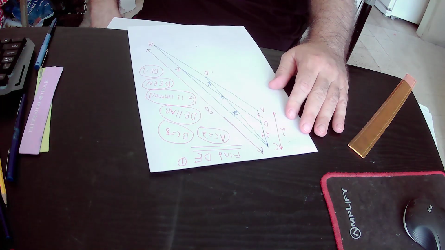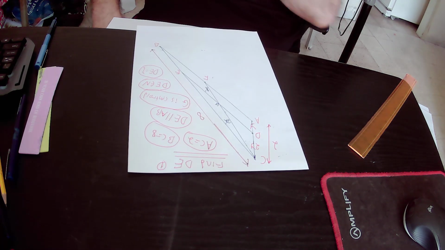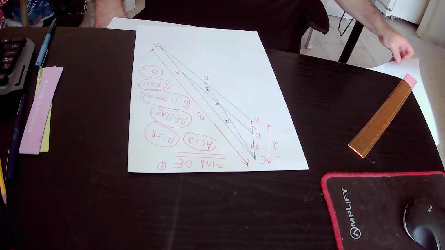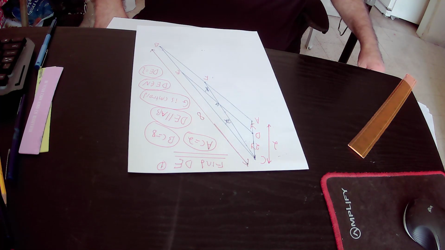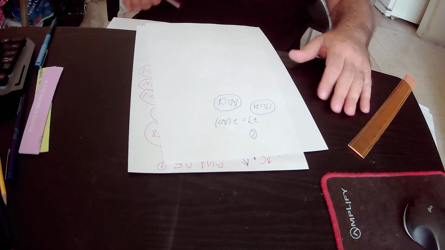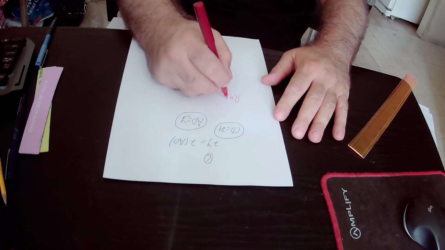So we actually have another rule. The rule states that corresponding angles between parallel lines are equal to each other. We write down the rule.